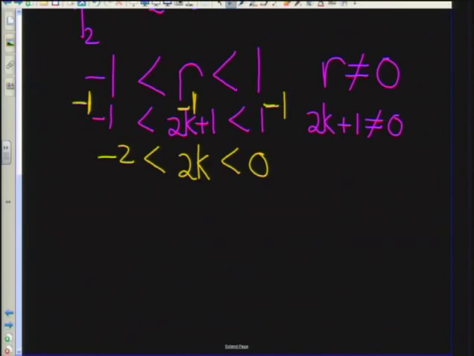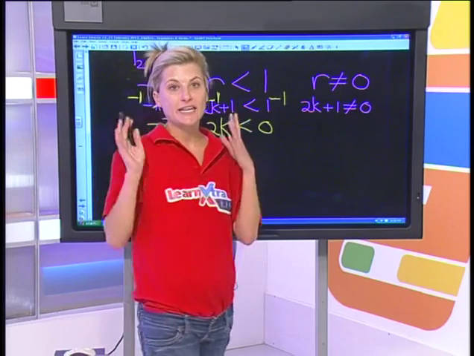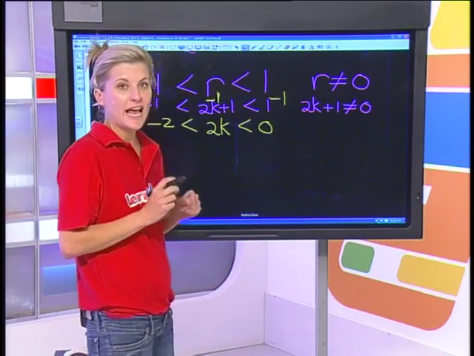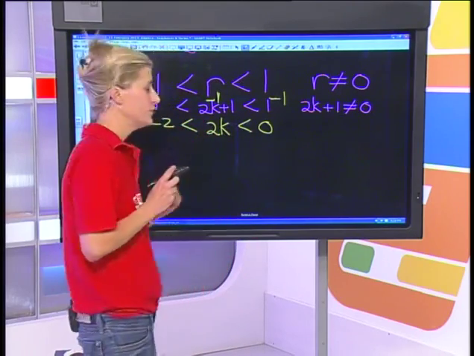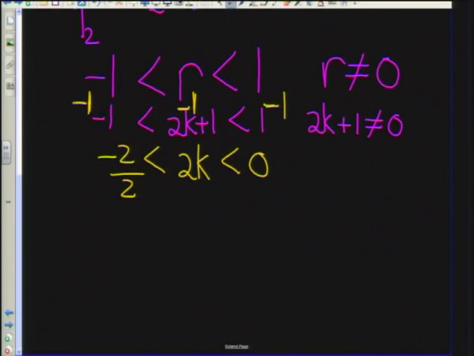But now, guys, I have to solve for k. The question doesn't ask me to solve for 2k. I've got to get k on its own. So I'm going to divide by 2, and this gives me -1.